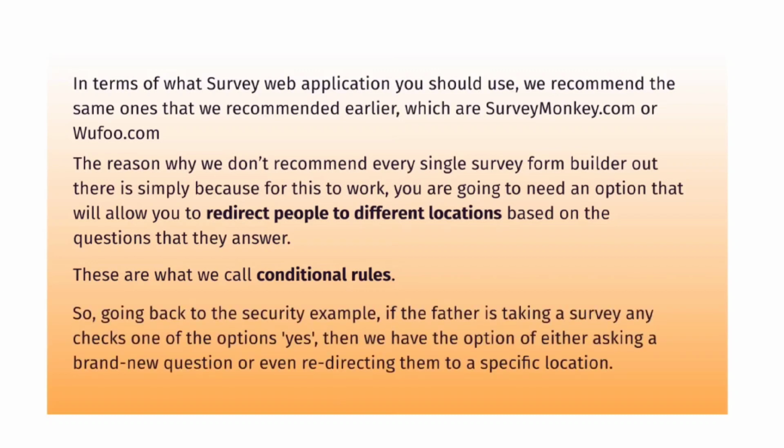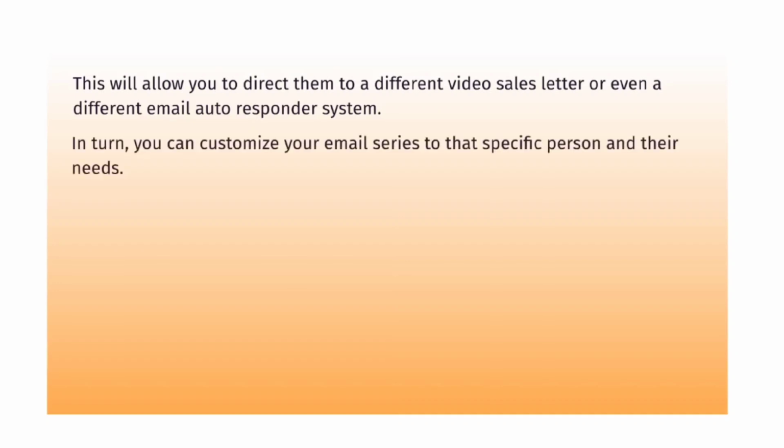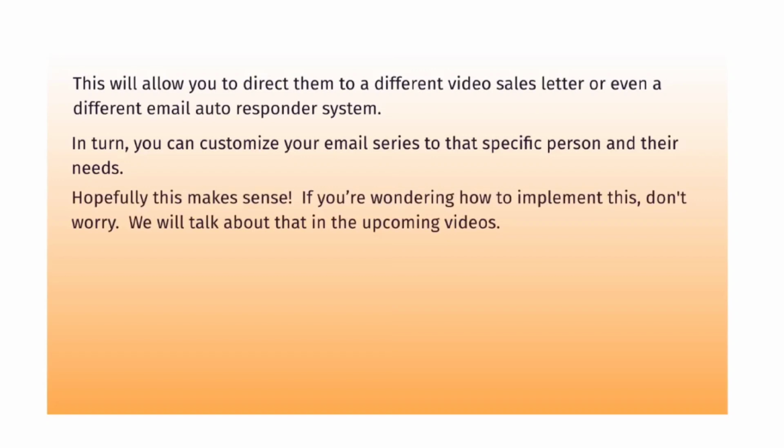So going back to the security example, if the father is taking the survey and checks that, yes, we want to redirect them to a specific location. And this will allow you to direct them to a different video sales letter or even a different email autoresponder system. So in turn, you can customize the experience that they have, your email series to that specific person and their needs. So hopefully this makes sense.